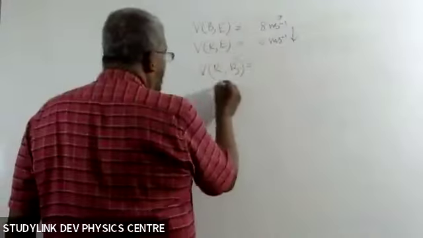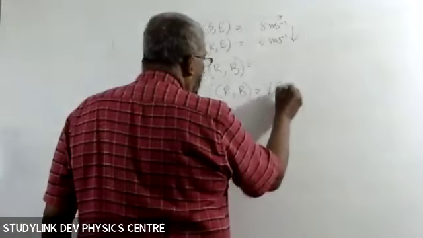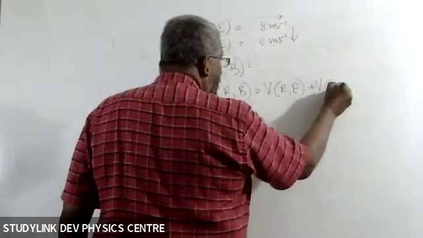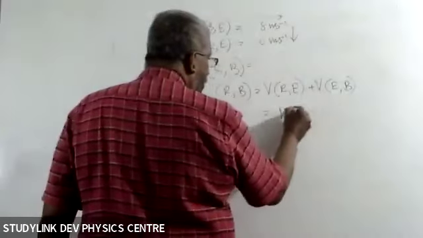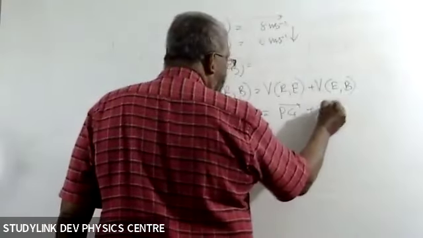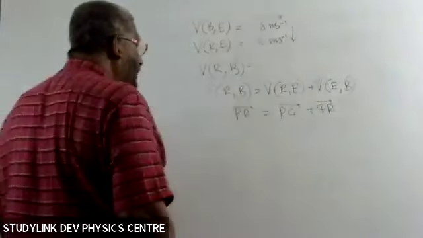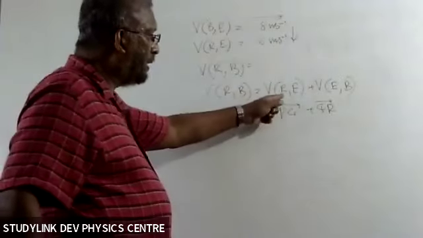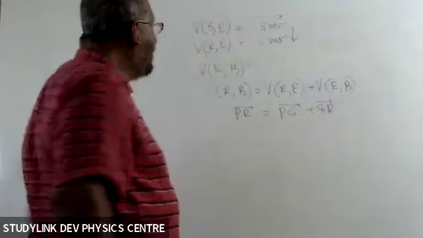Now, velocity of the rain relative to the boy is equal to velocity of the rain relative to the earth plus velocity of the earth relative to the boy. This is again PQ plus QR, and this is PR. Now don't get confused with this R and this R. This is a vector, this is rain.